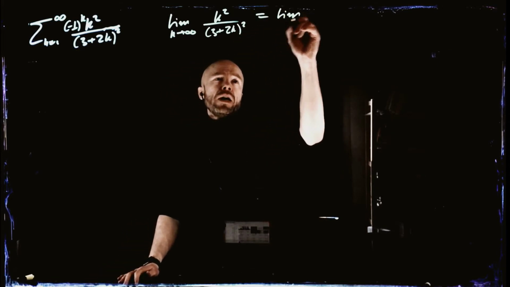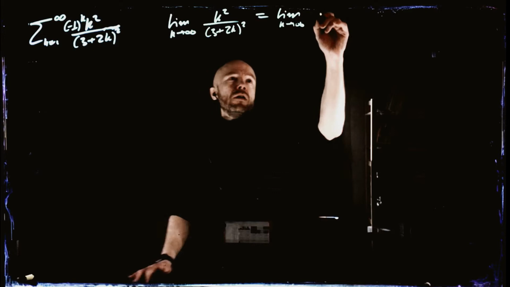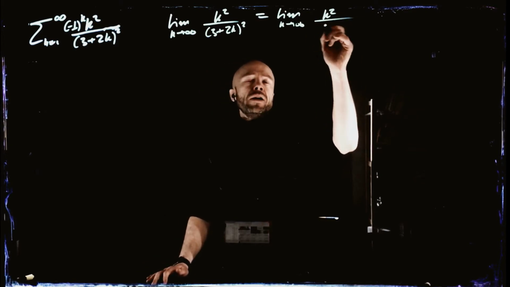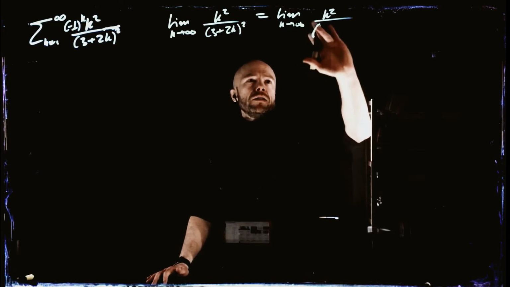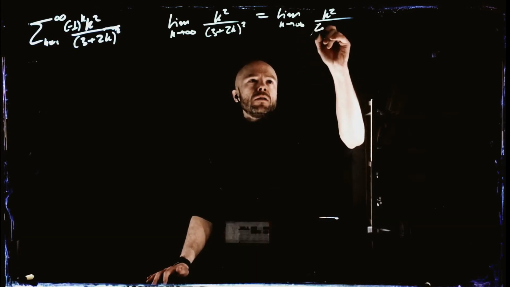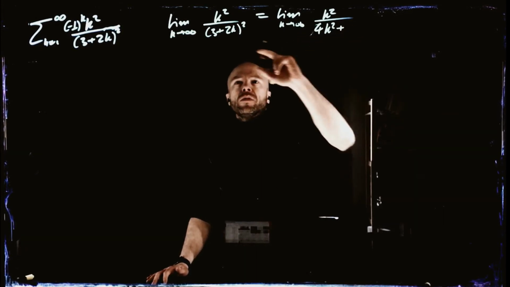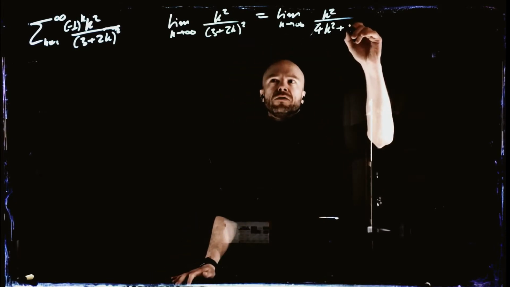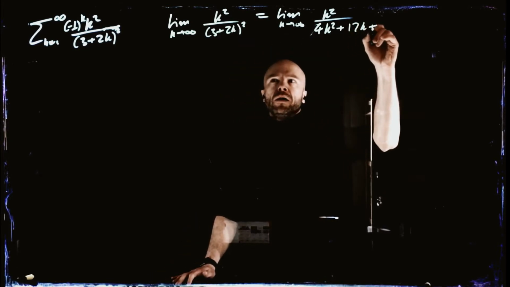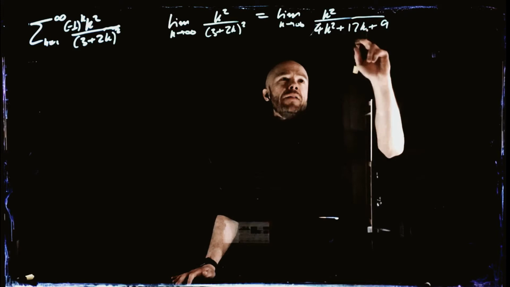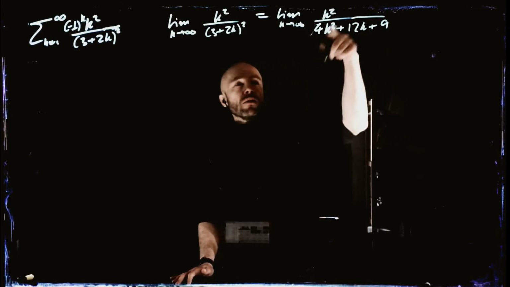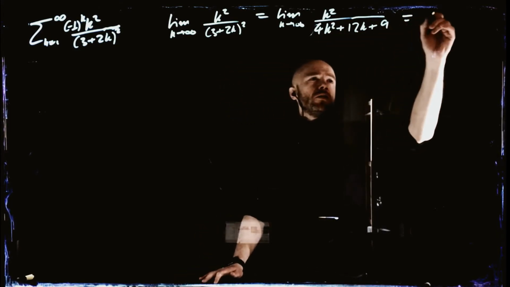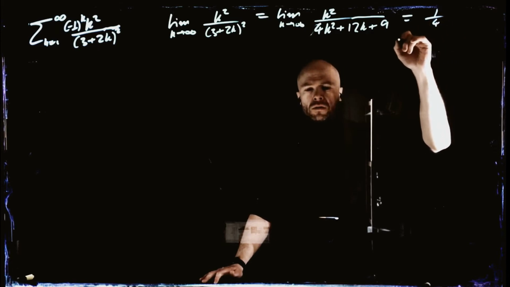This is the limit as k tends to infinity of k squared over 4k squared plus 12k plus 9, and the important term is the k squared, so we can factor k squared top and bottom, and this just tends to 1 over 4, right?